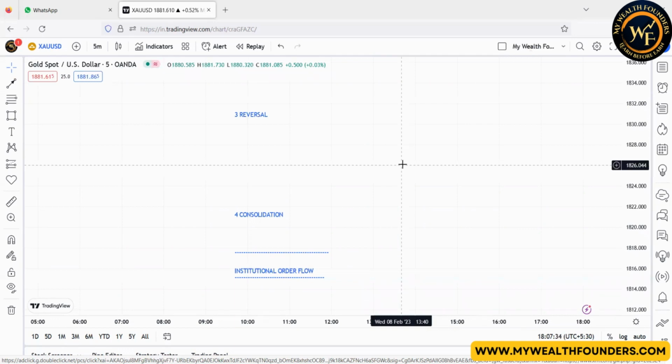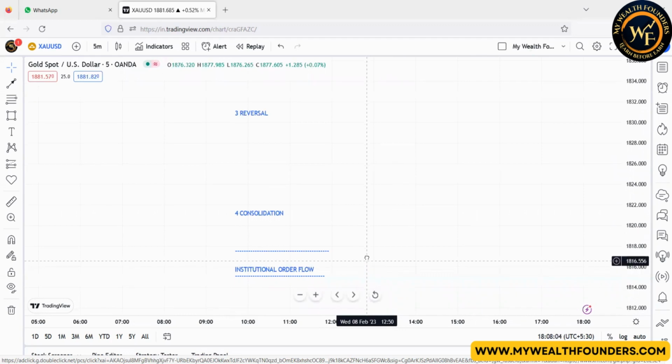So when we talk about the institutional order flow, we are talking about banking order flow, not like our retailers. Okay. So we have to follow the bank entries. Fine. From where, at what price, on what time frame the banks are taking orders, buying and selling, that you have to follow closely. You have to keenly watch all such orders, where you can find 99.99% accurate trade setups for your particular trading style.